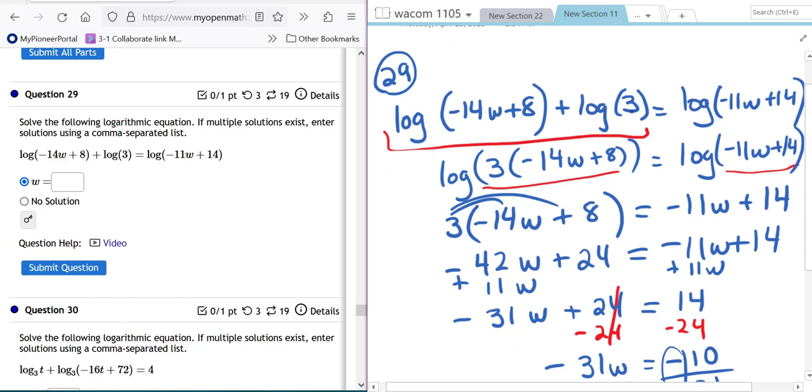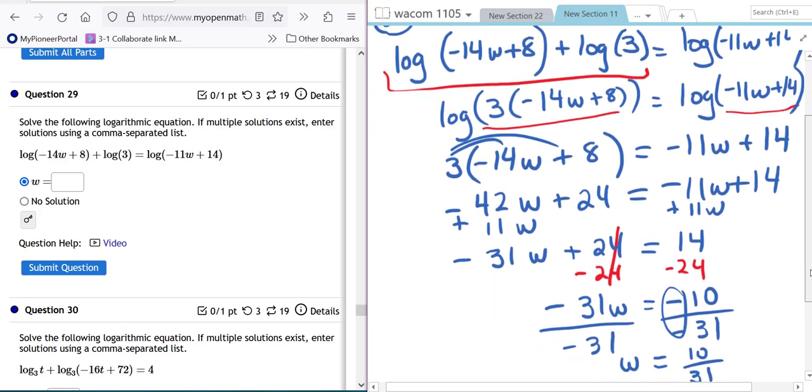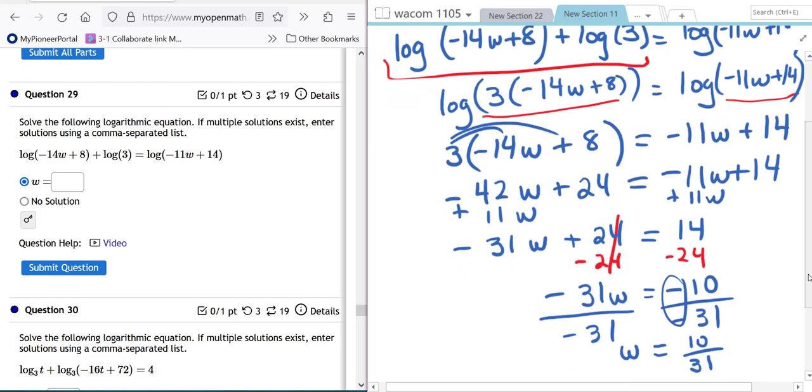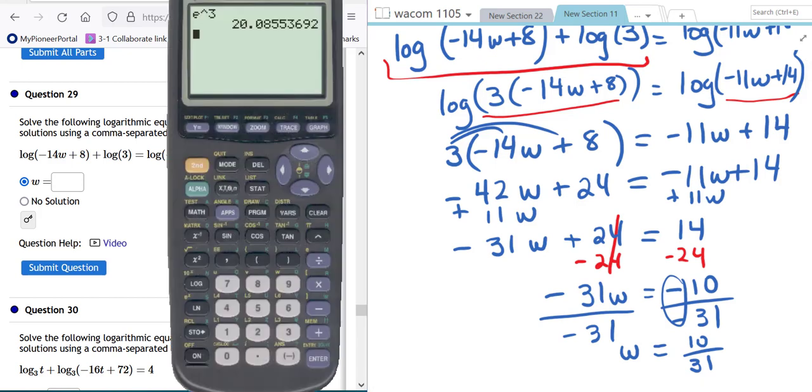You don't have to check in this log 3. There's no variable there. All right, and so we are checking 10 over 31. Try to see it all in one shot. Because we're going to multiply that by a negative 14. So we're going to see what we're okay with there. So I'm just going to put it in my calculator.